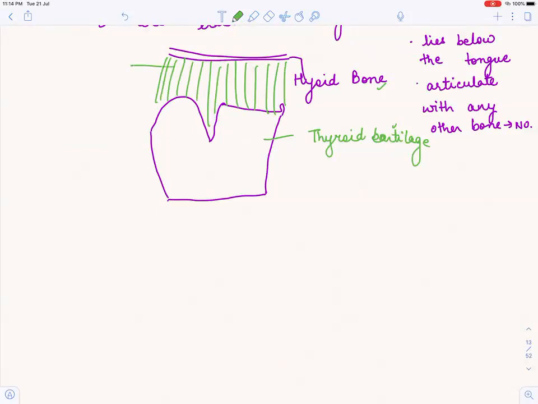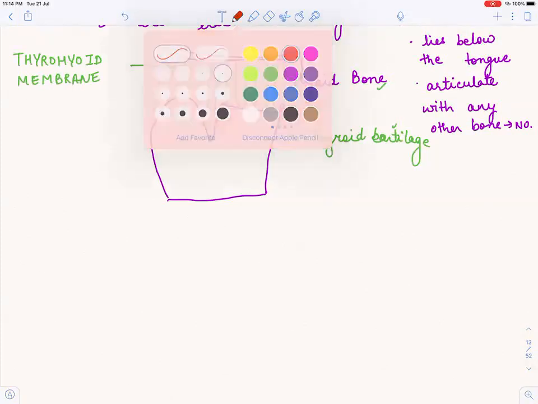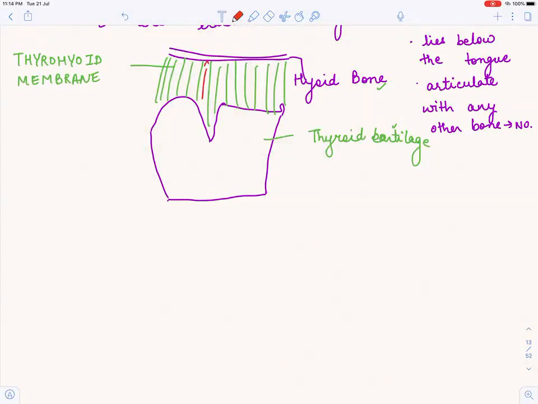So the name of this membrane is the thyrohyoid membrane. And to give it a little sturdiness, there is this ligament, which attaches hyoid bone and thyroid cartilage, and it is in the midline.